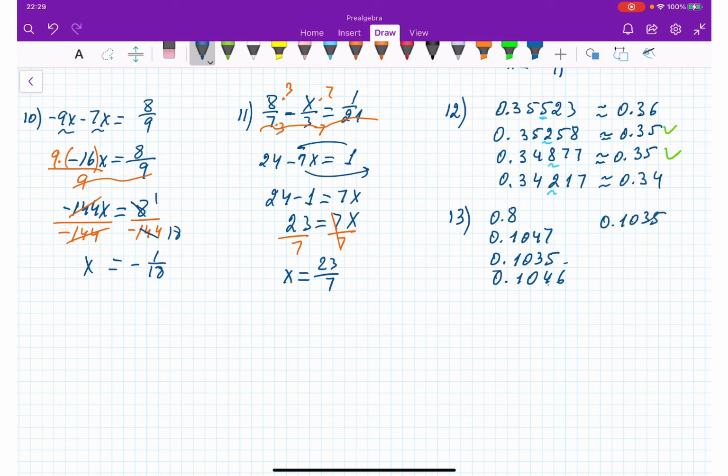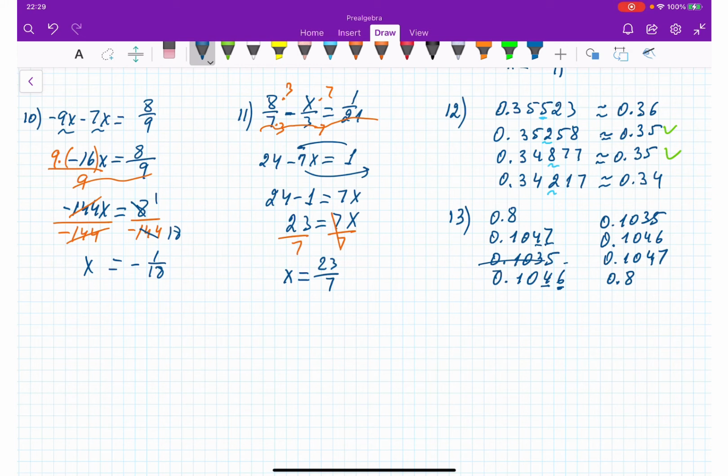Second, this one is already placed, so checking here, I have 4 and 4. That means I have to check the next digit, 7 and 6, which means 6 is smaller. So next comes 0.1046, and then 0.1047, and only at the end the biggest number, 0.8. Okay?